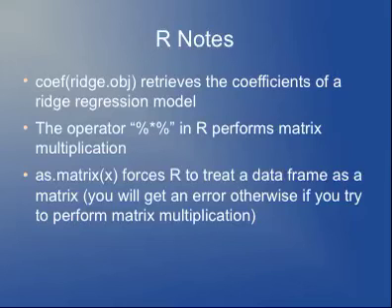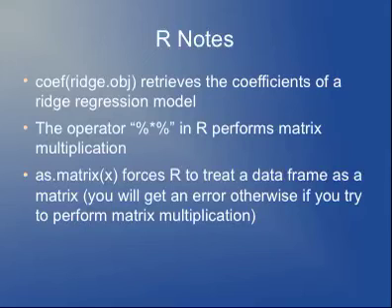And for the most part, a data frame and a matrix are more or less interchangeable. The big difference is that in a data frame, some of the columns can be categorical, whereas in a matrix, everything has to be numeric. You would think R would be smart enough that if you have a data frame consisting of nothing but numeric values, and you tell it to do matrix multiplication, it would do it.